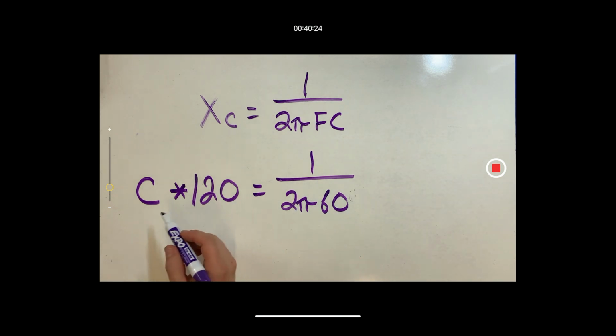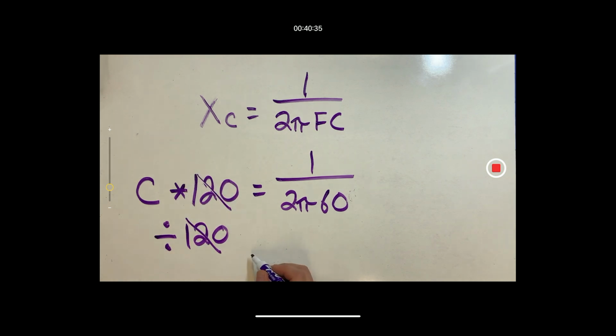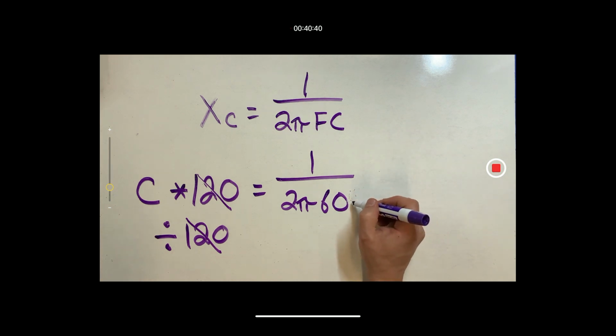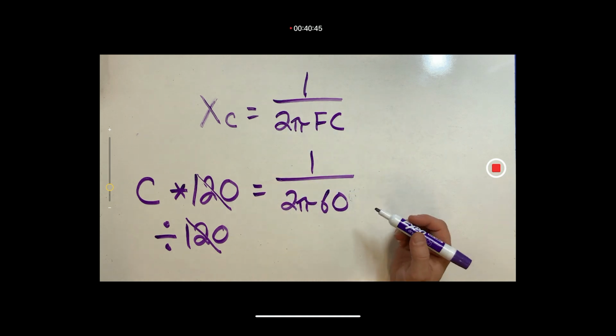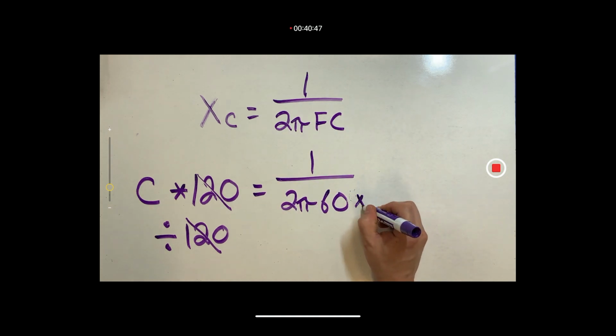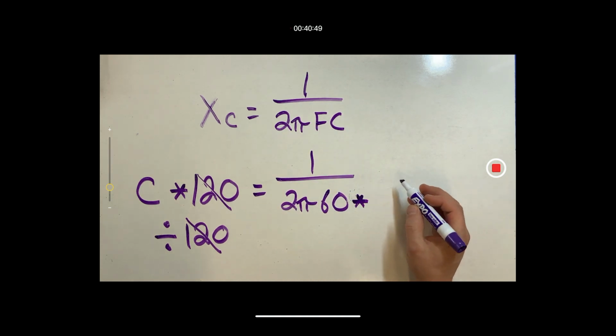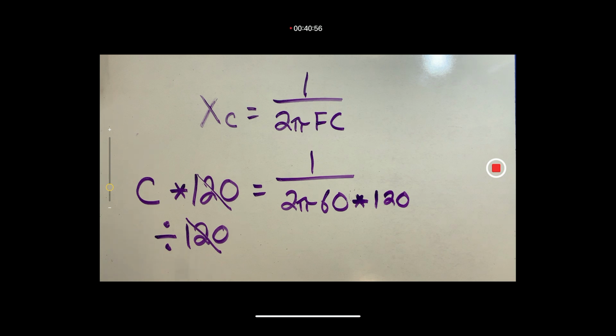Well, that still doesn't give us our unknown by itself, because then over here we'd have to divide by 120 to cancel this out, but we'd have to do the same thing over here. But because 120 needs to be divided by the solution of this whole thing, we can just add that 120 to the equation right here in the denominator.